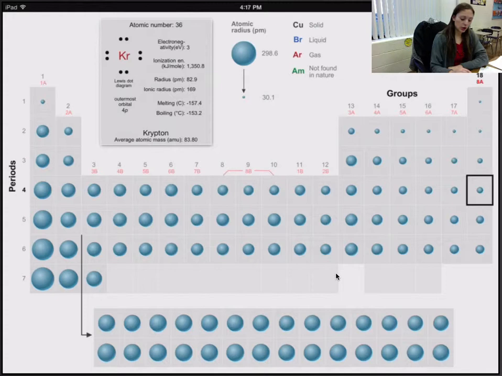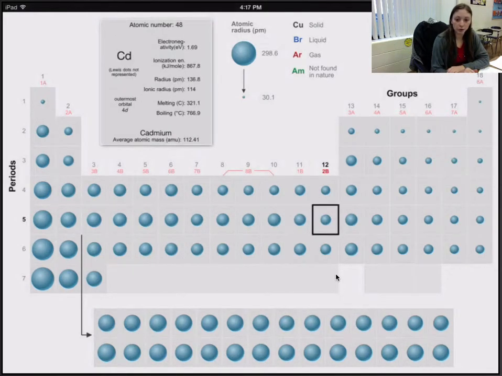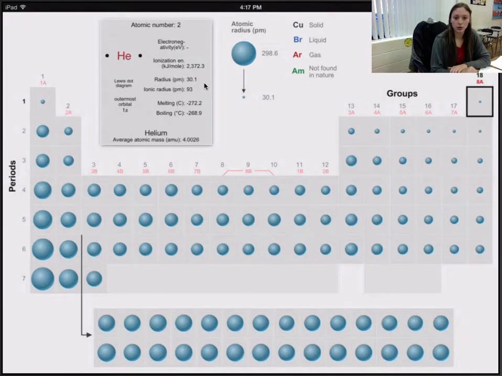If I click on another one, it'll change up here and tell you what the radius actually is. So this one is 136.8, whereas the one for helium is 30.1. But the basic overall trend is that it does decrease as you go across the period.